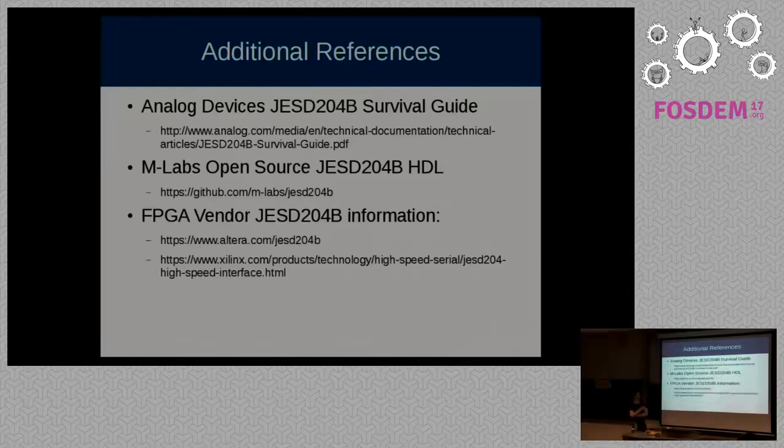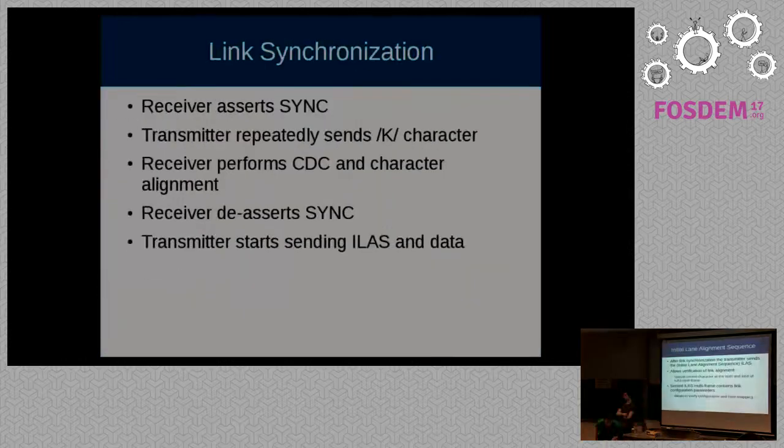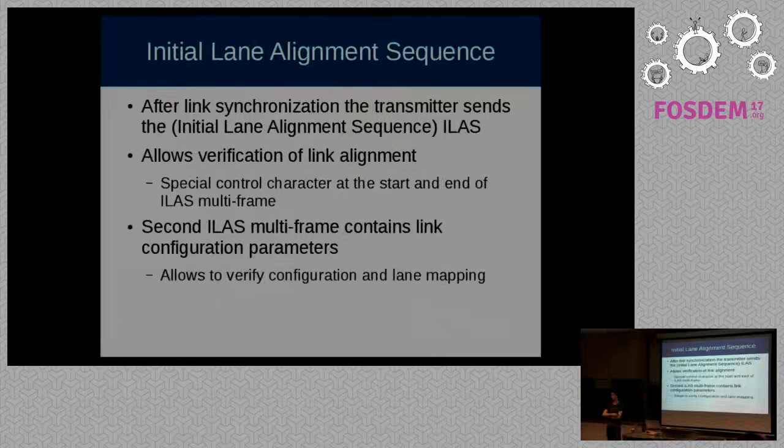You mentioned that when the receiver deasserts the sync line, the transmitter sends some synchronization information. You also send information about what the configuration parameters are of the samples and such. Is that contained in that configuration, or do you need to manually specify on the receiving side and the transmitting side what I'm sending?